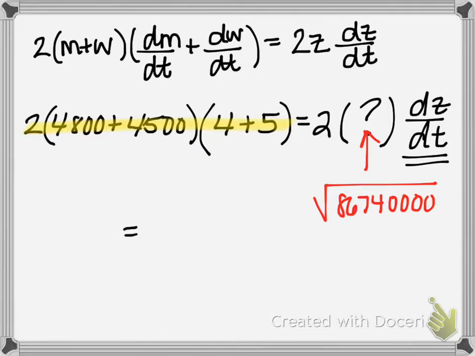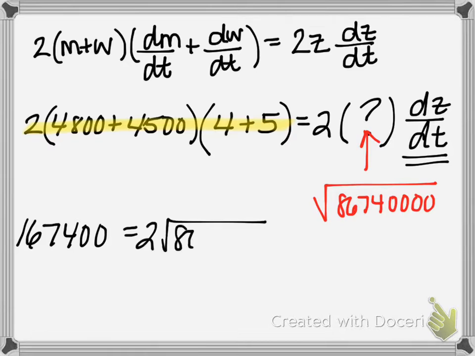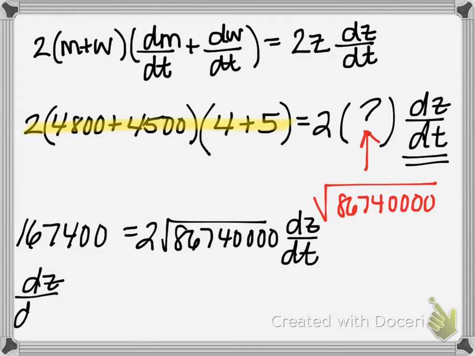Type that again. That's going to be 16,000. One more time. 167,400. There it is. 167,400, which is equal to 2 times the square root of this huge number times dz/dt. So we can finish this up by dividing by the 2 times the square root.